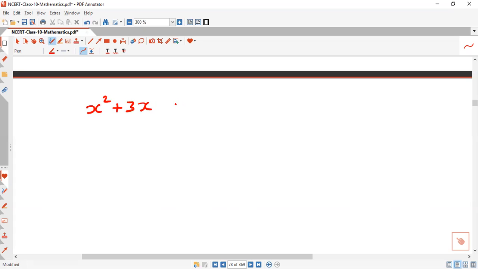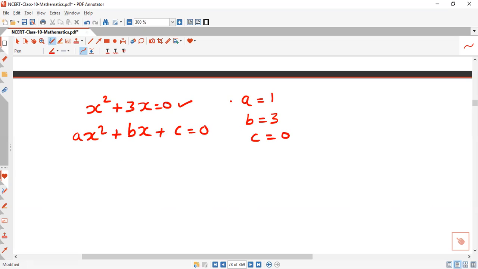This is also a quadratic equation, because here the value of a is 1 and the value of b is 3, if you compare with the standard equation ax square plus bx plus c equal to 0, and c equal to 0. Our condition is only that the value of a is not 0. This condition is satisfied, so this is a quadratic equation.